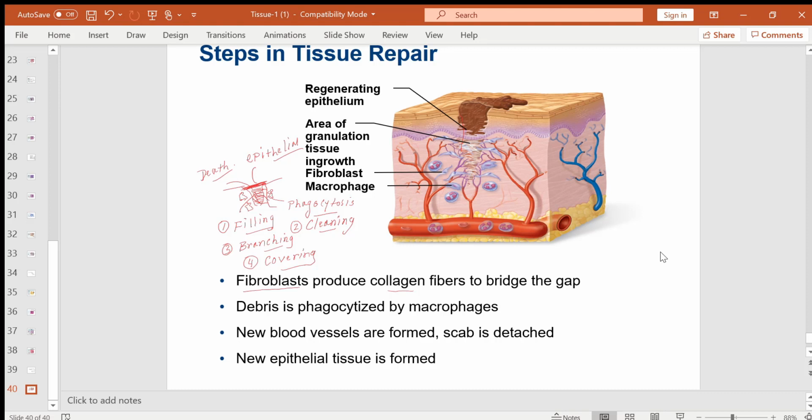You can see here, these are the collagen fibers formed by these fibroblasts here, and phagocytic cells will do the cleaning part, right? And blood vessels will form new blood vessels, and this will be covered finally by the epithelial tissue. Okay. So those are the things you need to know from the tissue.